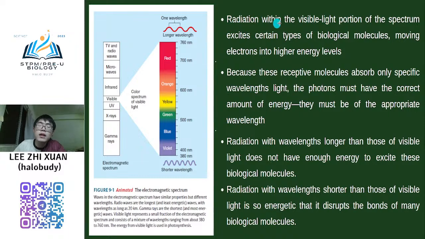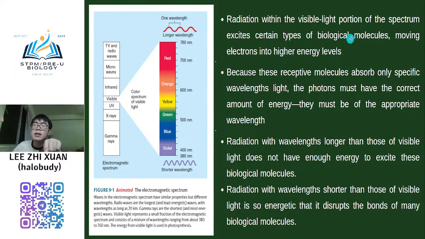Radiation within the visible portion of the spectrum will excite certain types of biological molecules, moving electrons into a higher energy level. You remember this from chemistry, right? Ground state, excited state. When the ground state absorbs energy up to a certain level, it will become excited to the higher level.